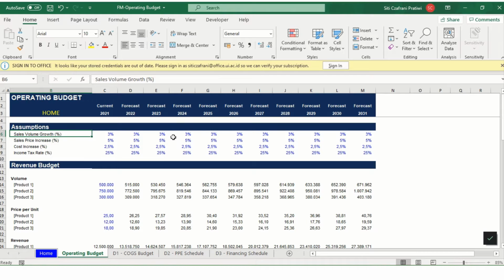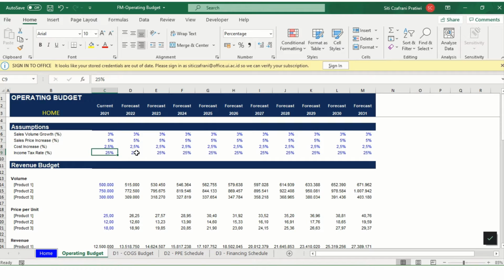However, if you do not want to use a fixed rate, and you want to use a different rate for each year, for example 3%, 4%, 5%, etc., you are allowed to do so. So this is again only an example. You can use your own assumption for the growth of sales price, cost increase, and income tax rate.